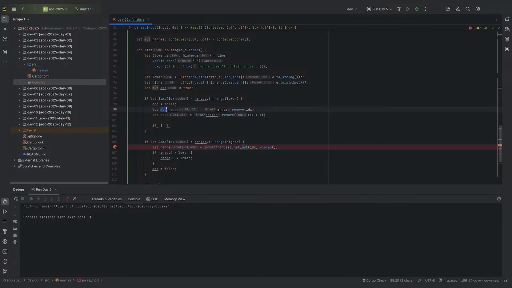How do I want to deal with that then? That's always going to be fine. +1 might not though, so that is a problem.